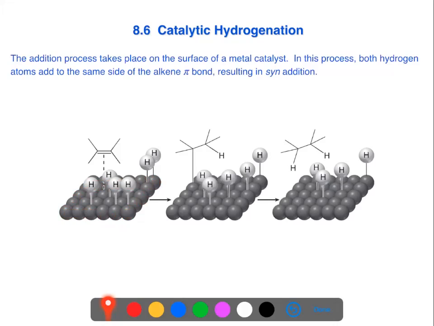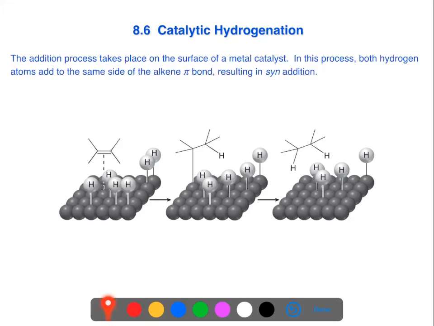From a general perspective, we can treat the metal surface in this way, where we have these metallic atoms neighboring one another in some type of crystal lattice. When you're carrying out these hydrogenation reactions, typically what is happening is that we're passivating the surface, or covering the surface with hydrogen.